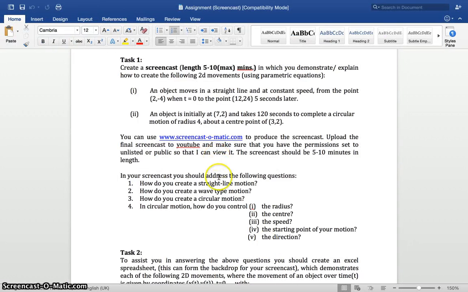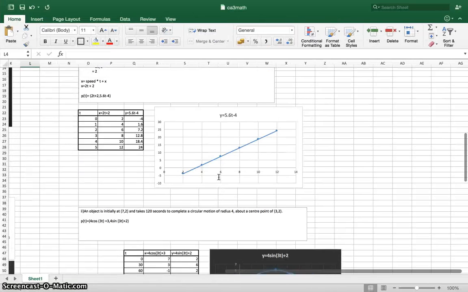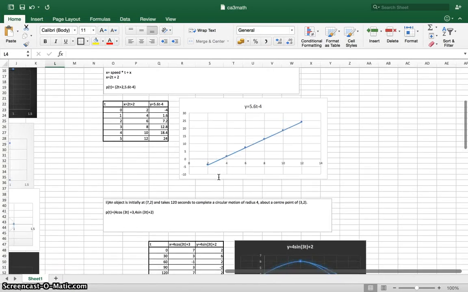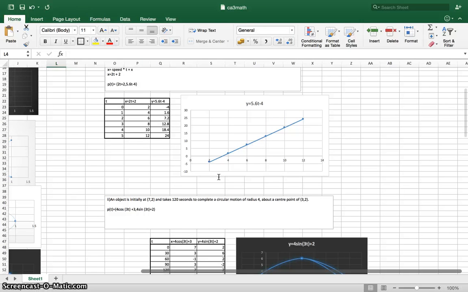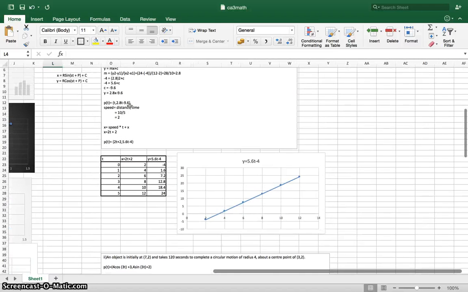So, how do you create a straight line motion? From here we can see the differences. In a straight line motion, x and y do not have powers, they are just to the power of 1, and if to the power of 1 the line will just go straight, like y = mx + c.